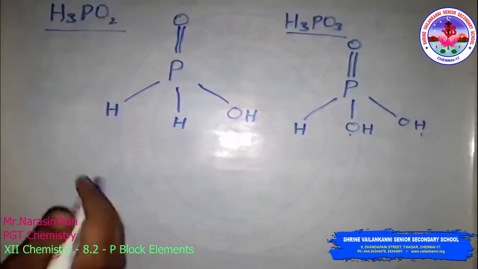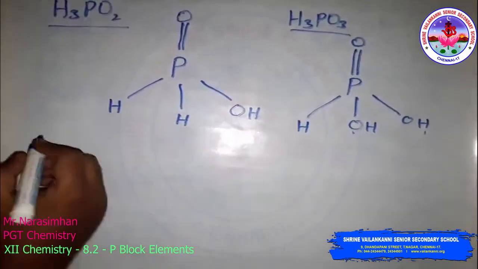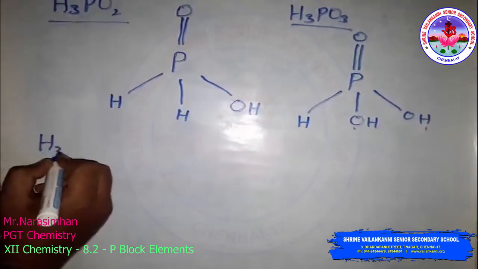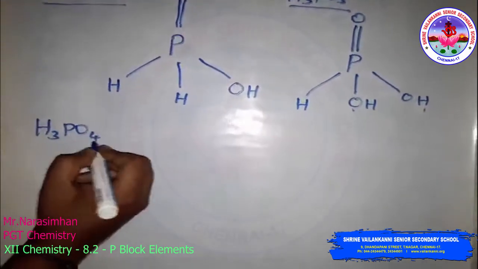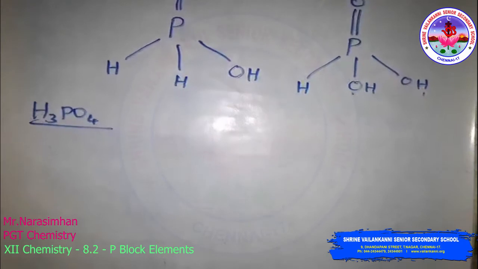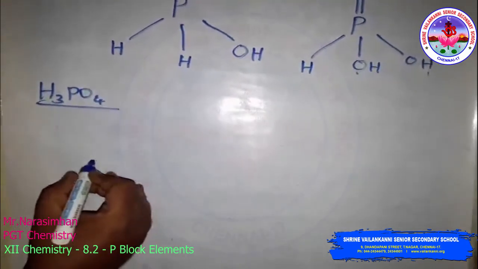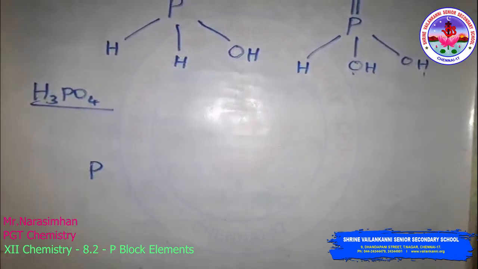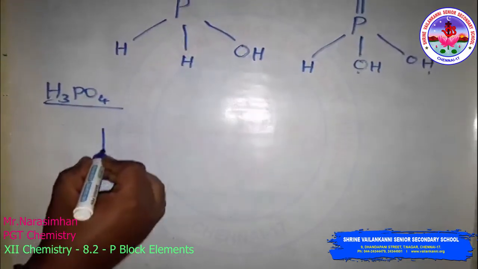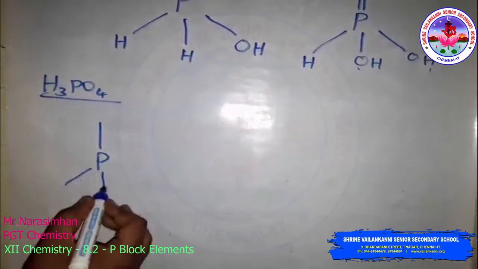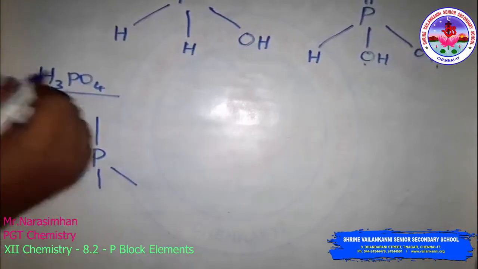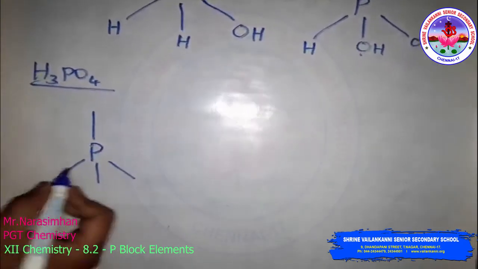Then H3PO4, phosphoric acid, also called orthophosphoric acid. Write it the simple way, one phosphorus in a tetrahedral manner. Then the remaining are 3 hydrogens and 4 oxygens.